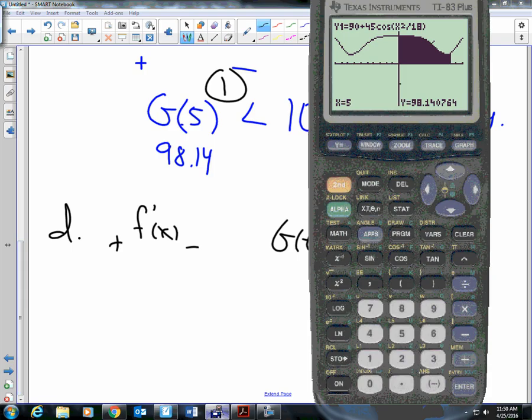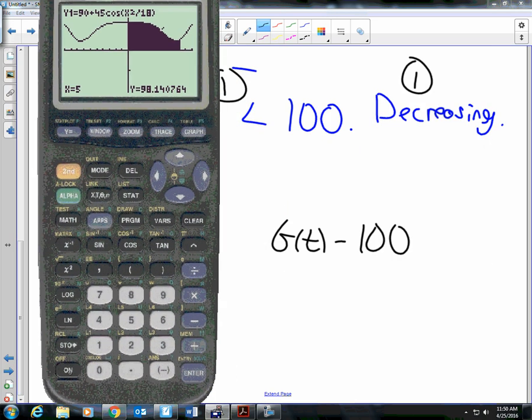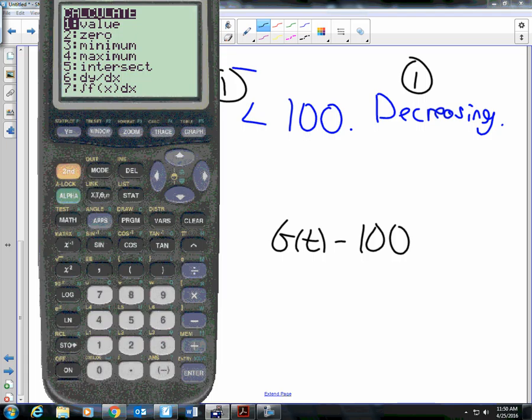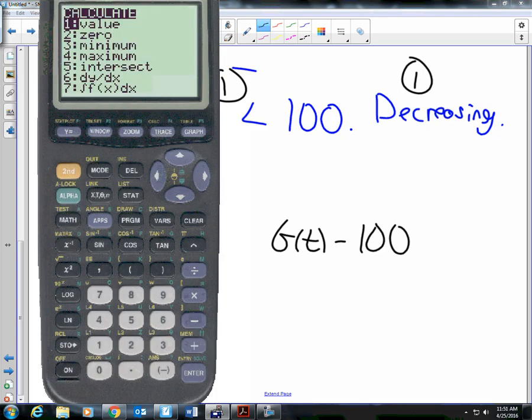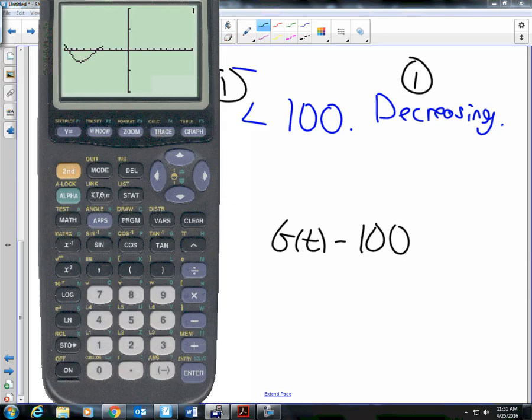So I'm going to go to my calculator. Go to y equals, and I'm just going to do minus 100. Put the negative sign, minus 100. And we're going to calculate the zero, number 2, see where it crosses from positive to negative. So let's look at this graph. Does this graph ever cross from positive to negative?